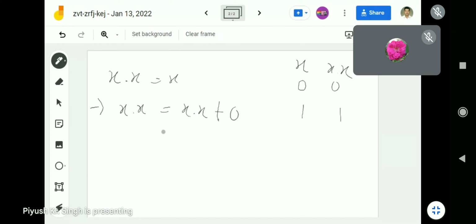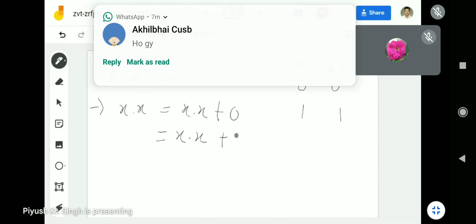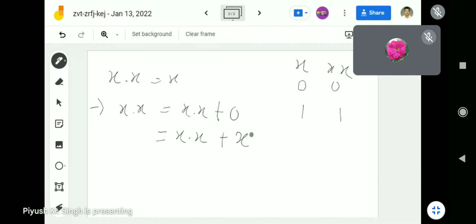Now if there is x, then there will exist the complement of x. If the value of x is 0, its complement will be reversed, it will be 1. If the value of x is 1, then its complement will have a value 0. So the multiplication of these two will always be 0. So this 0 can be replaced by this one.